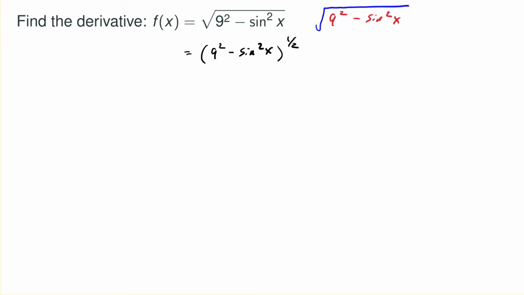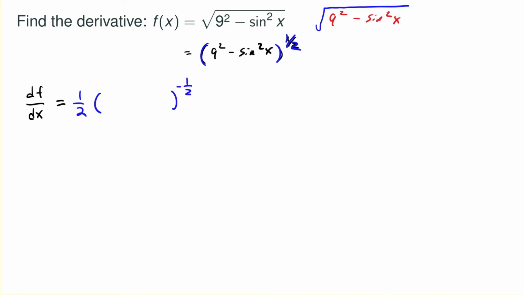So let's take the derivative. df dx equals, first we get this as an outside function, power rule for the outside function.